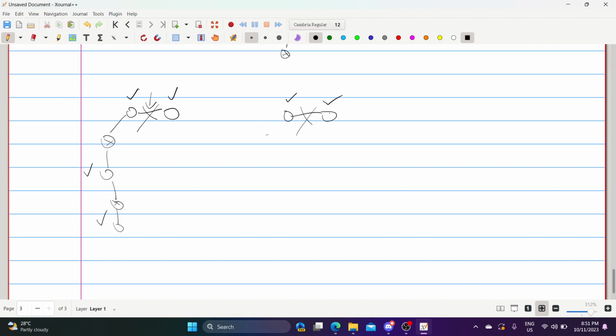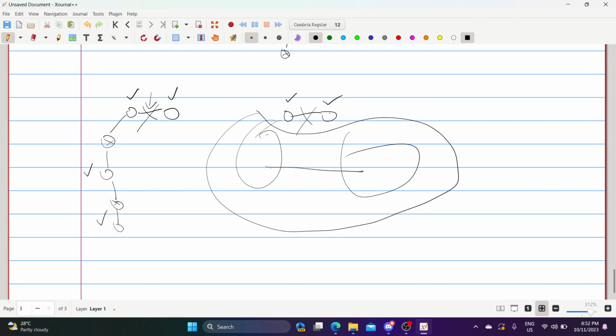Once you delete an edge, you can color the remaining graph. Let's say there's the entire graph here. If you delete the edge and the remaining graph is bipartite, then our problem is solvable. Otherwise, it's not solvable.